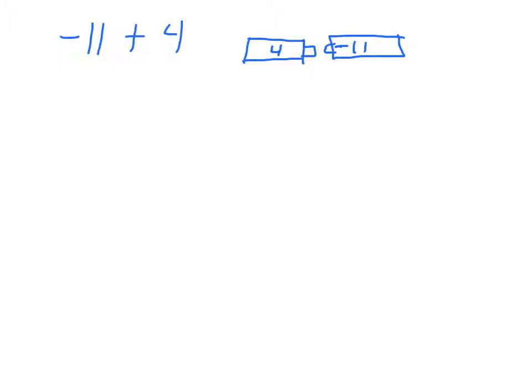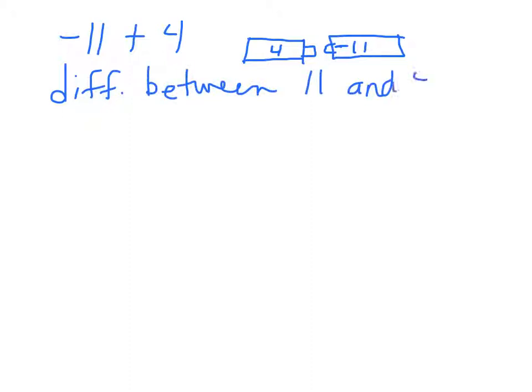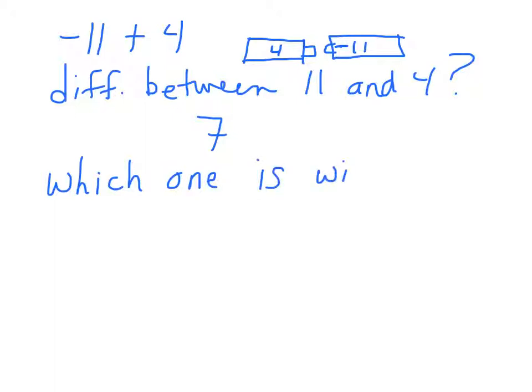What your brain needs to think about is, what is the difference between 11 and 4? Because the signs are different, that's the first thing. We know it's 7. Now you need to think about which one is winning, like Charlie Sheen, right? I'm winning.